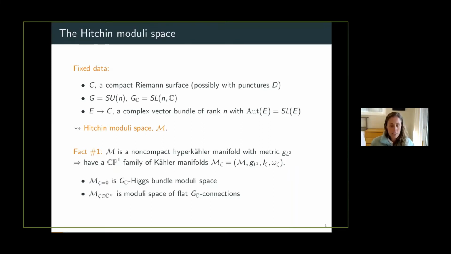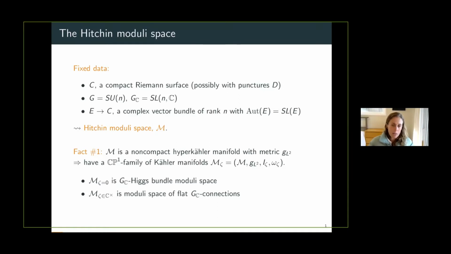Each of these Kähler manifolds can be viewed as the moduli space of some less restrictive equations. So the Hitchin moduli space is hyperkähler and is very restrictive, and each of the CP1 family of avatars is the moduli space of less restrictive equations. If we fix zeta to be 0, we'll get the Higgs bundle moduli space.